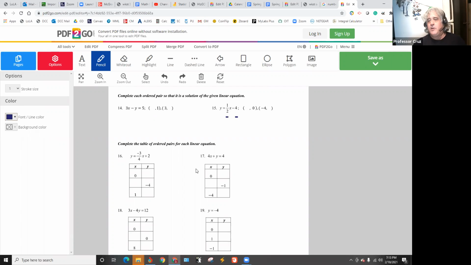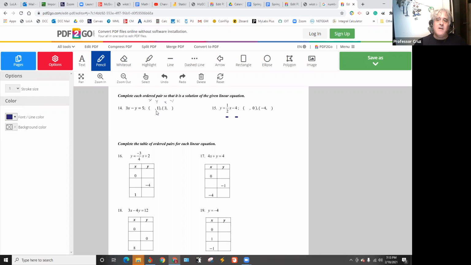So what I want you to do here, like I said, this is pretty much what we did a couple of sections ago. Remember, this is y. And this is x. So this is x, the first one. So this is x and y.